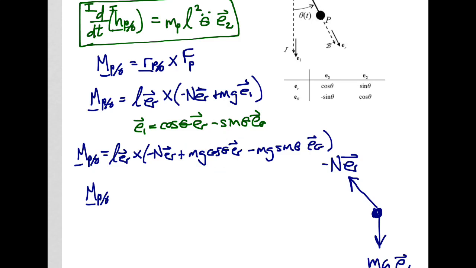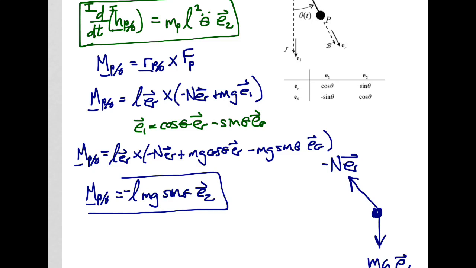The only term we keep is L times mg sine theta, with ER cross E theta, and we keep the negative sign from the negative mg sine theta. ER cross E theta gives us EZ, and so now we have the moment for the right-hand side.